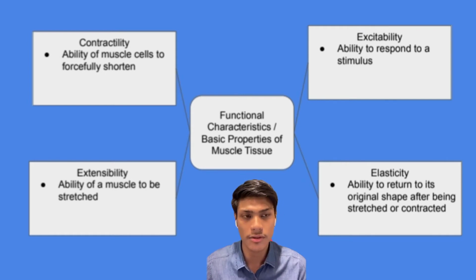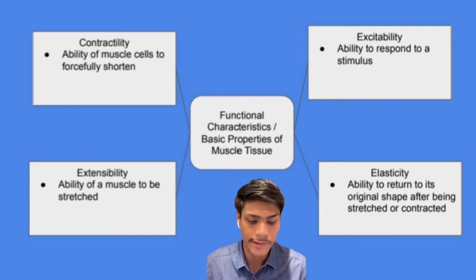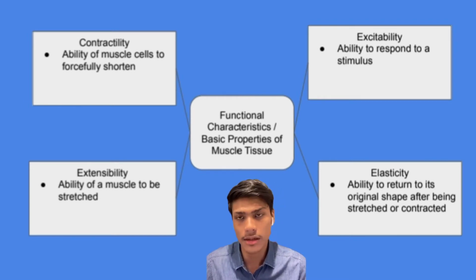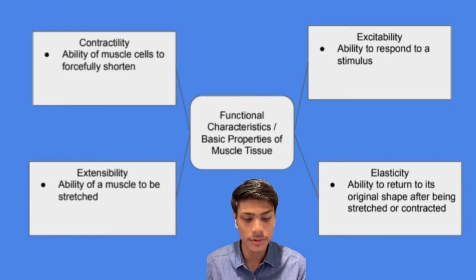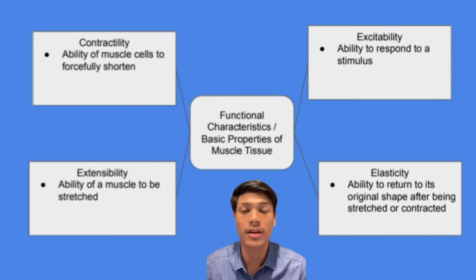Let's consider our elbow in flexing motion. In order for the elbow to flex, the elbow extensor muscle must stretch in order to allow flexion to occur.